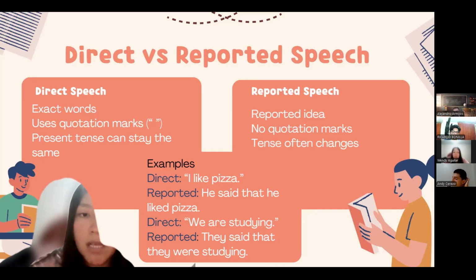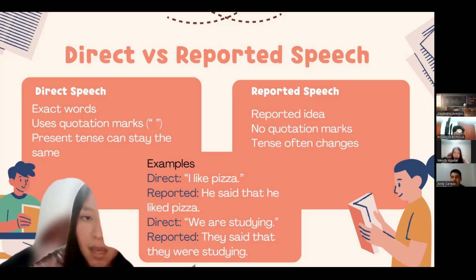Another example is in direct speech, "We are studying." In reported speech, they said that they were studying. We can notice that the present continuous, are studying, changed to the past continuous, were studying.